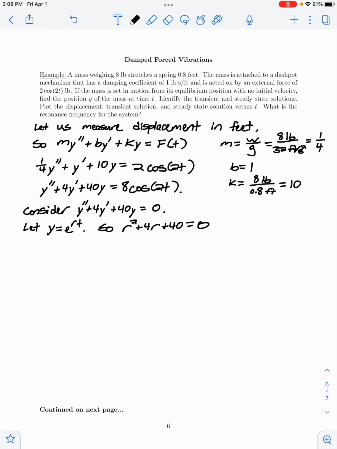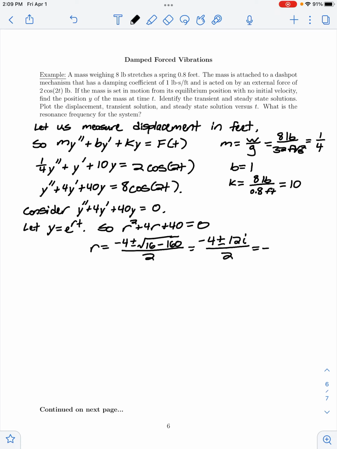And if we make use of the quadratic formula to solve for r, we find that r is given by -4 plus or minus the square root of 4 squared, which would be 16, minus 4 times 1 times 40, which gives us 160, all over 2 times 1. So this gives us -4 plus or minus the square root of -144, which would be 12i, all over 2.